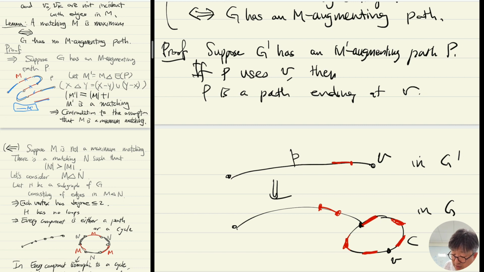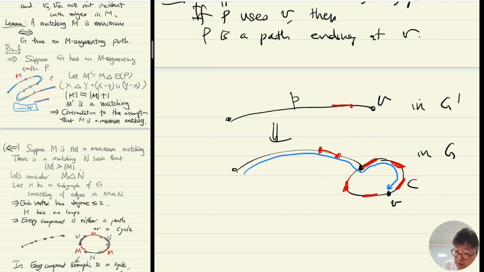Well, depending on the location of the red edges, you follow this path, and then at this vertex you follow red edges, going around the cycle you arrive at V, right?